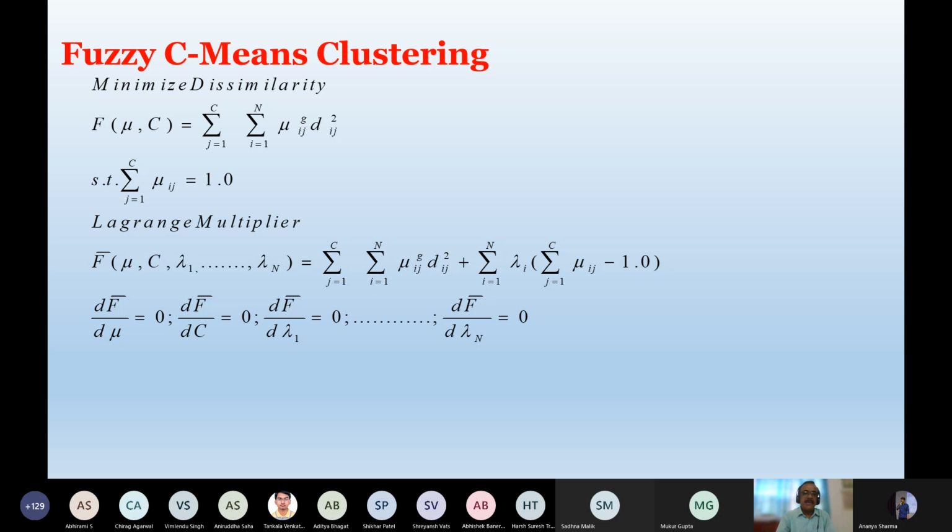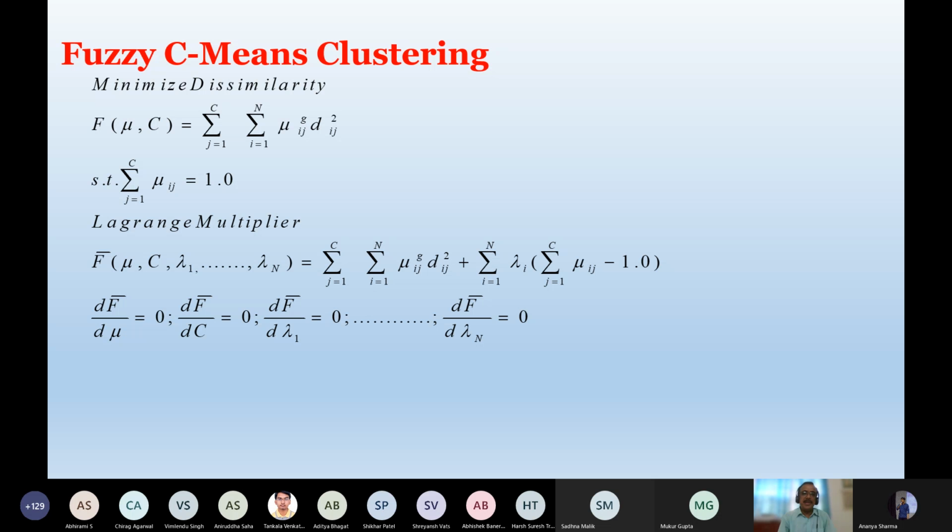Okay. And here we use a term that is mu. Mu is nothing but the membership function value. Okay, mu ij means the membership value of the ith data point with the jth cluster, and this mu ij raised to the power g, if you remember the power of a fuzzy set, that type of concept, and here the g is nothing but the cluster fuzziness.